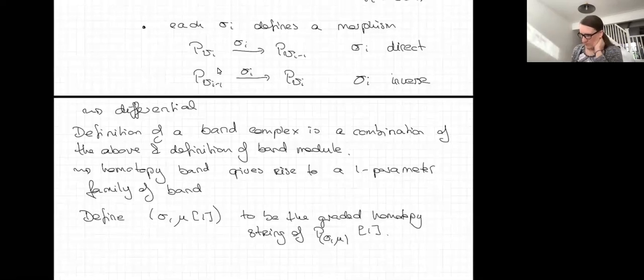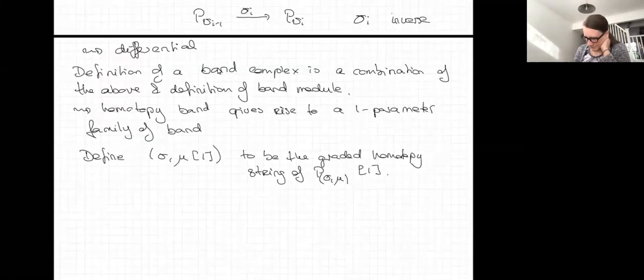Okay, and now it's the result by Bekkert and Merklen. So they gave this construction.